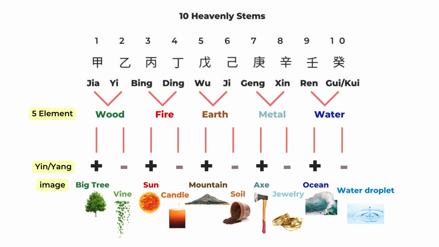And the number 9, Ren, the yang water, is related to the ocean. The number 10, the Kui, is yin water, and it's related to water droplets or raindrops. So from these 10 different types, we can interpret personalities in more detail.